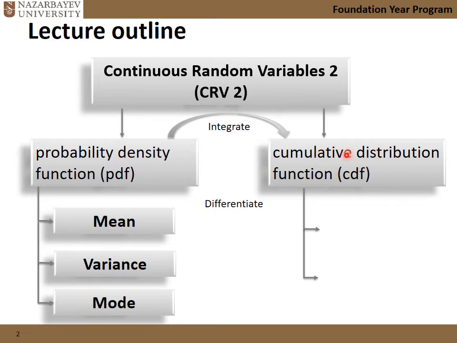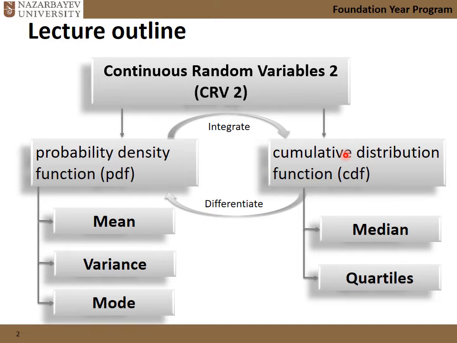What's the advantage? What can I get from this? We could get the median and the quartiles. The median is just a specific case of quartiles, it's Q2. So we could get Q1, Q2, Q3, any Q, whatever they ask. So we are looking for 5 different things, and we could get all of these from the PDF.